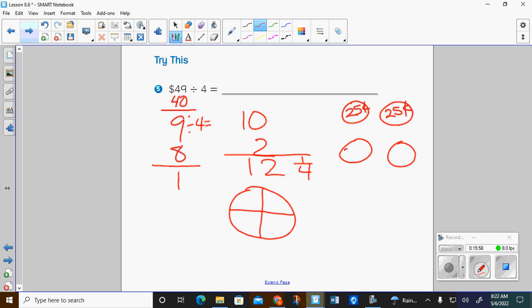It's not like we're going to actually split money apart. We're going to separate it just like we did in all the problems before. We took a $10 bill and broke it into $1 bills. We can take a $1 bill and break it into 4 quarters. So each person would get one of those quarters. So they would get $12.25.